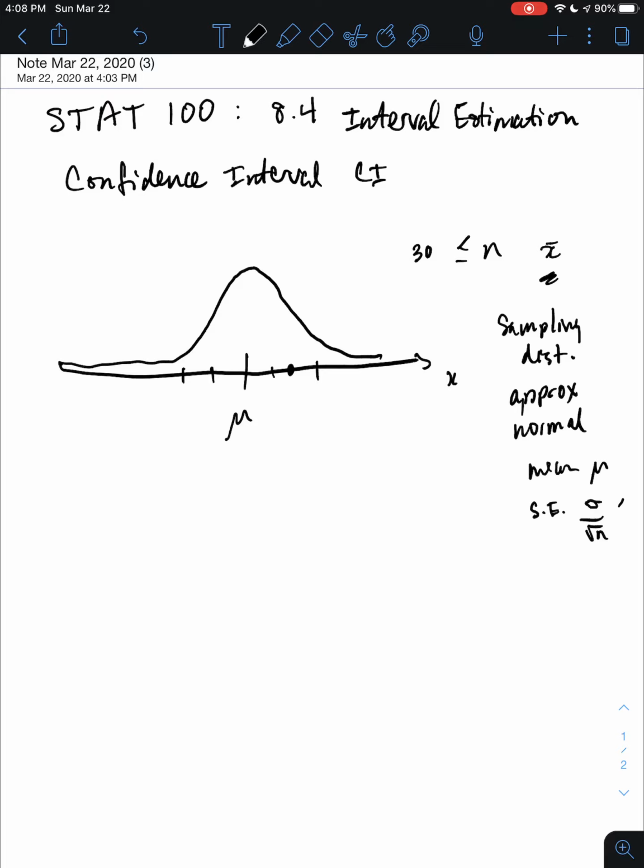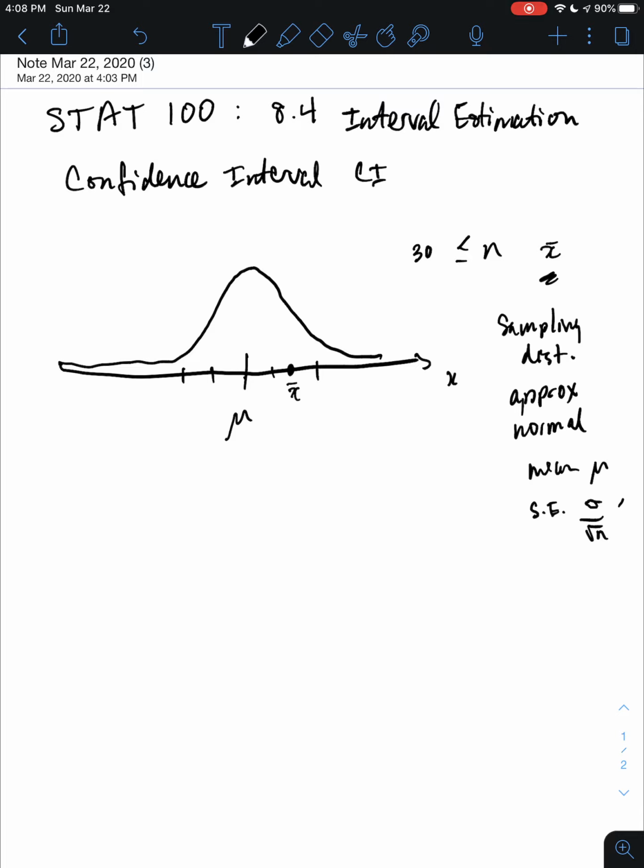If my sample mean is within 2 standard deviations of mu, then mu is clearly within 2 standard deviations of my sample mean. So it's kind of like a tit for tat.